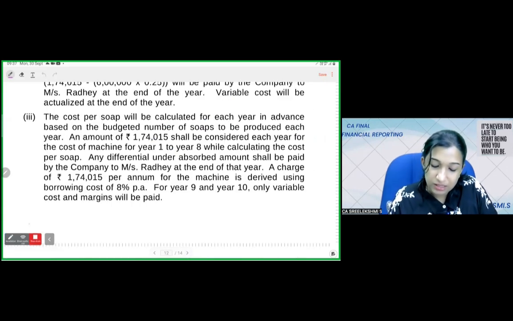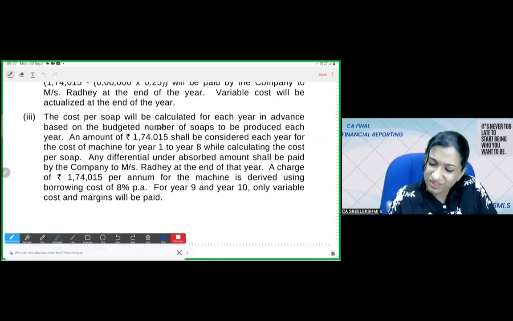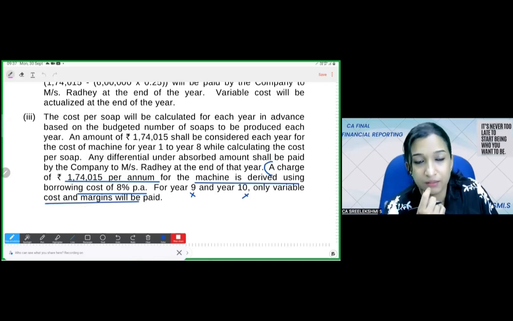Any differential under-absorbed cost shall be paid by the company. A charge of 1,74,015 per annum for the machine is derived using a borrowing cost of 8% per annum. For year 9 and year 10, only variable costs and margins will be paid.